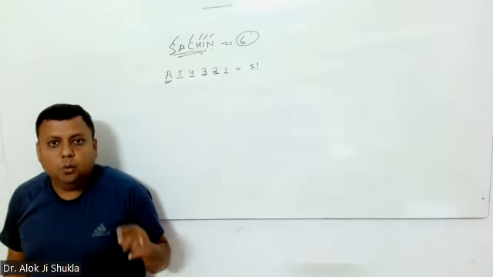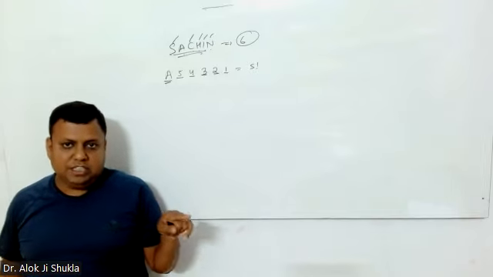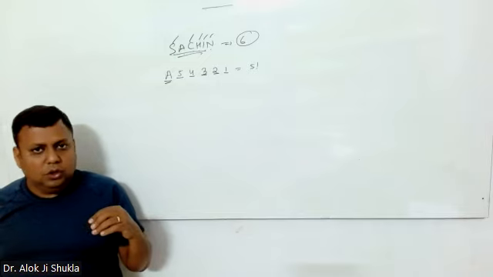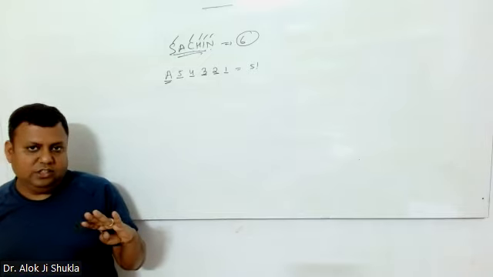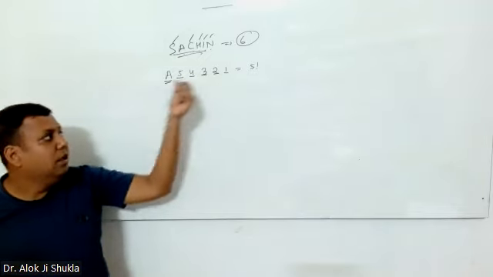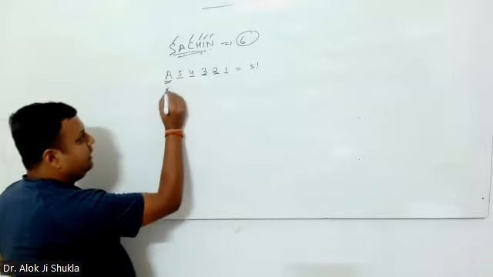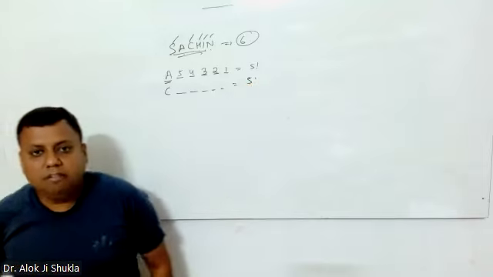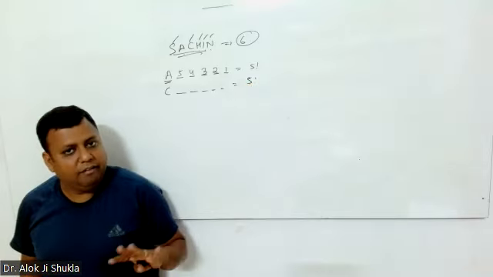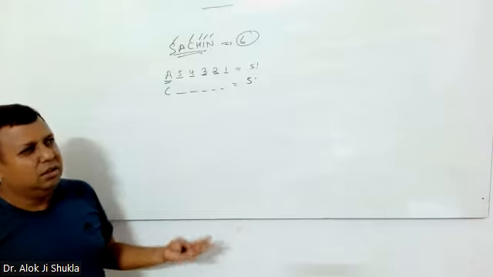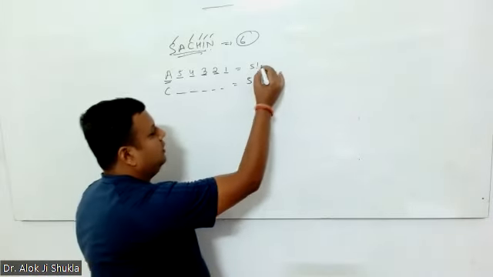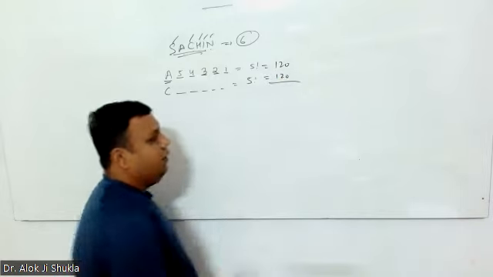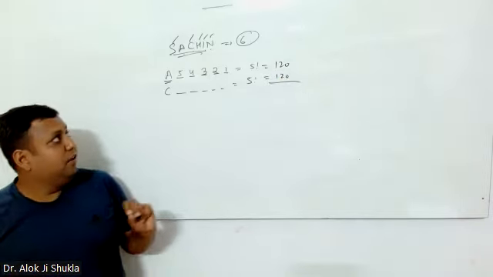Essentially, once I have placed A in the first place, I have 5 letters left and I have to arrange those 5 letters. So this is 5 factorial. Then after A, we will have C, and all the words starting with C will also be 5 factorial. 5 factorial is 5 into 4 into 3 into 2 into 1, which is 120. So 120, 120. Now we have already made 240 words.